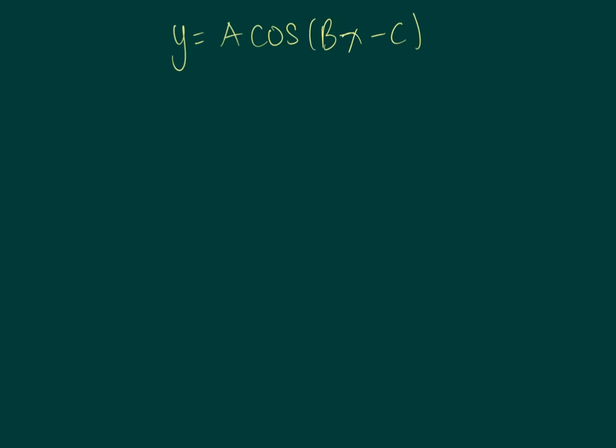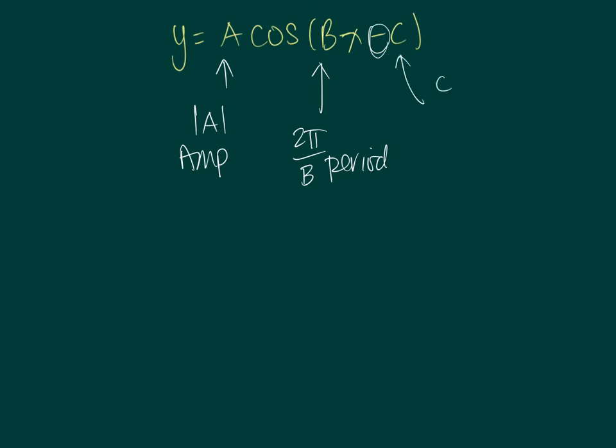The cosine functions behave exactly the same way. The absolute value of A is our amplitude. B is always positive, and we know that 2 pi divided by B is the period of the function. Again, this is a minus sign, and from here we know that the ratio of C over B is the phase shift.